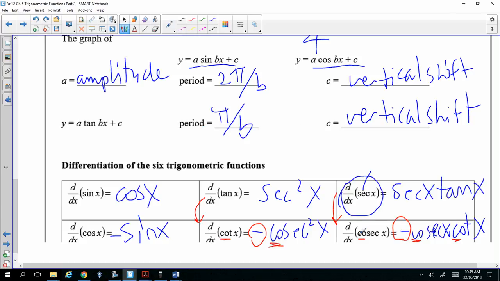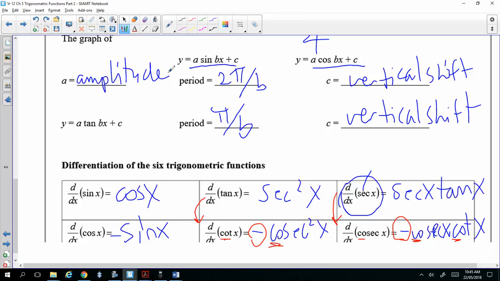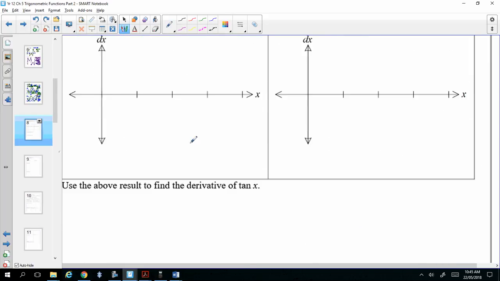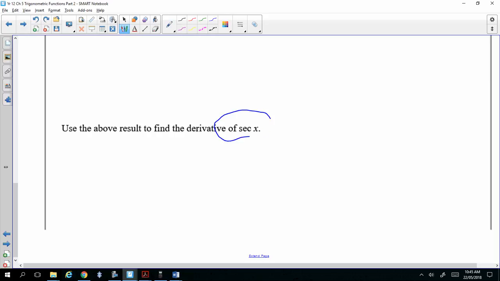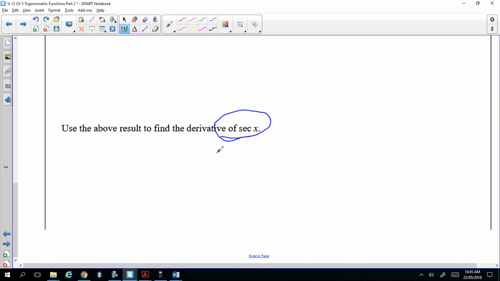Actually, while I remember, I just need to tell you. If you go back to this page, you need to know how to differentiate using the result, how to derive. That's on page 8. So go to page 8.